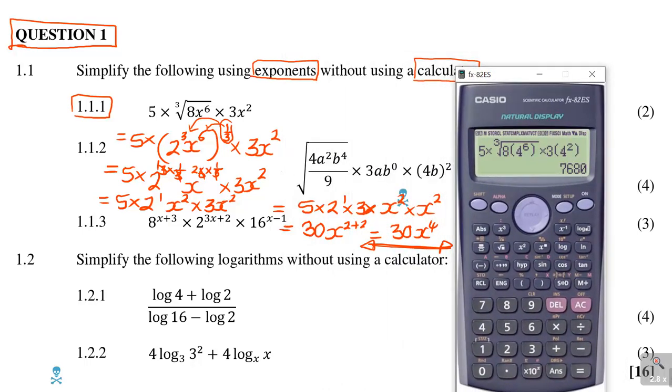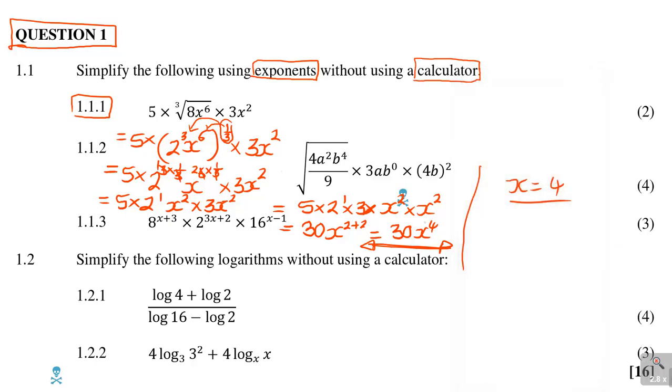I'm going to put it in my final answers to see if it's giving me 7,680. So I've got 30 bracket 4 to the power 4 bracket. Am I getting 7,680? Yes, I'm getting 7,680. So it means my simplification in this case is correct. So you see, I get an assurance that I'm doing the right thing.